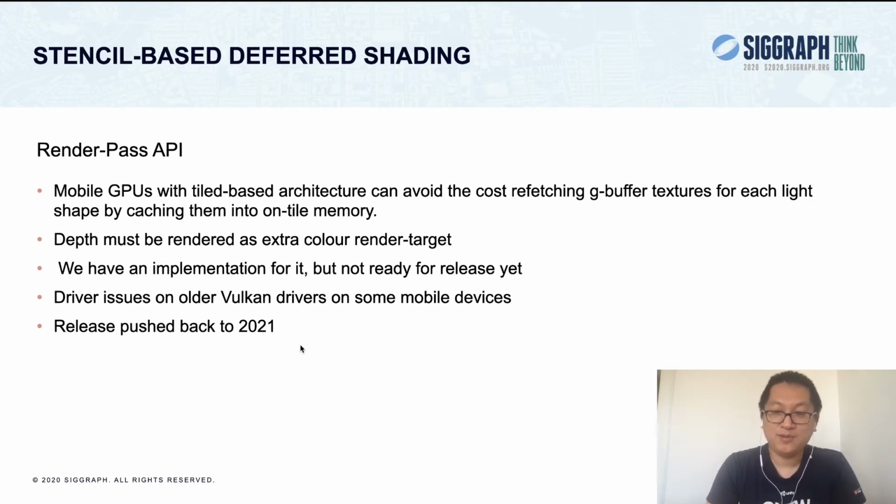The main reason is that during testing, we found that on some older mobile devices with older Vulkan drivers, it could be buggy. So for those particular devices, we need a fallback and to disable render pass and use the version of the stencil method without render pass. So we have to push back that release to 2021, just to release the support for render pass.